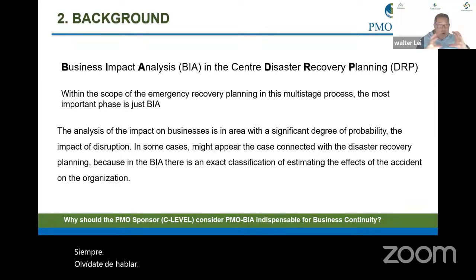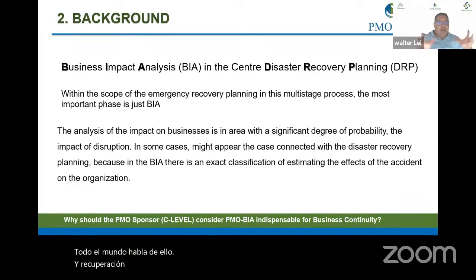Always, people in organizations, even big companies, forget what a business impact analysis is, because everybody talks about the business continuity plan and disaster recovery plan, about RPO, RTO, and disaster recovery.